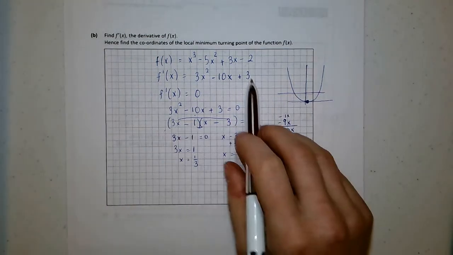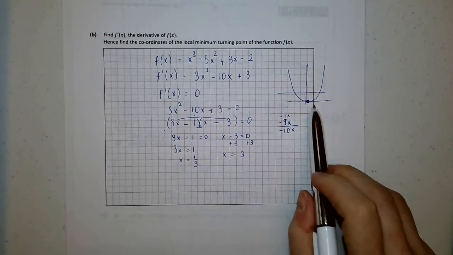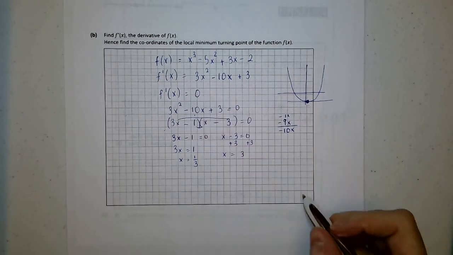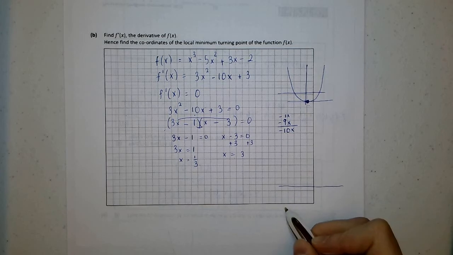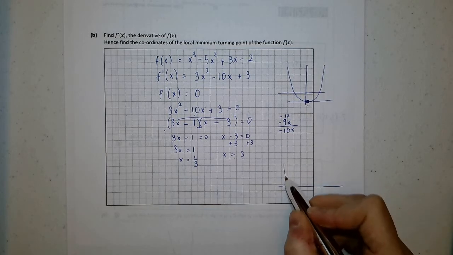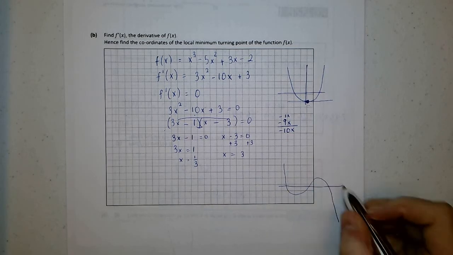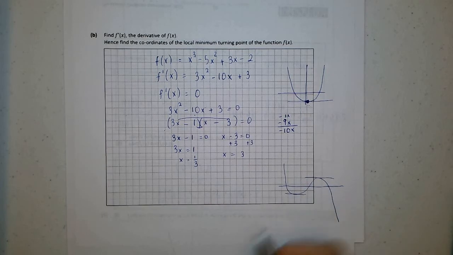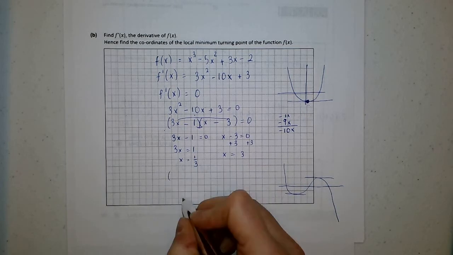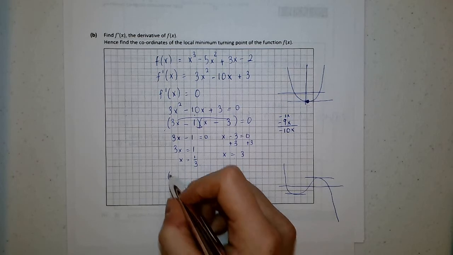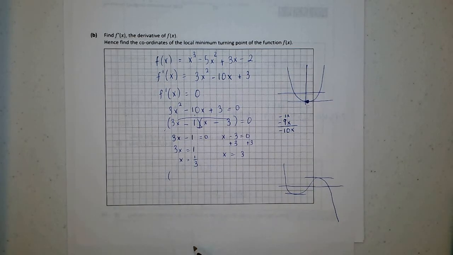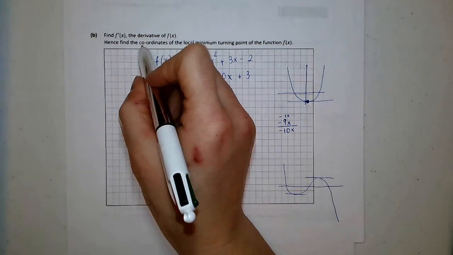The derivative function of this function is quadratic, but the original function is actually a cubic function, which means it goes something like this. Which means there's actually 2 turning points. So for the turning point here, we need to find the corresponding y values, so it's asking for coordinates.